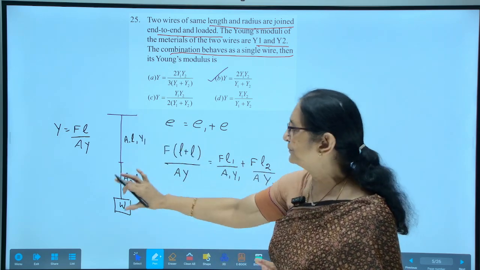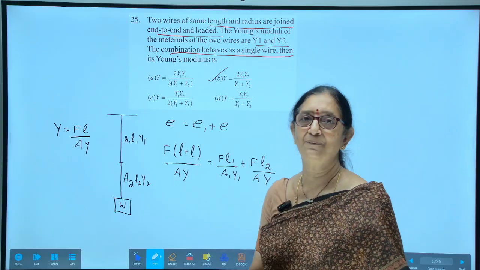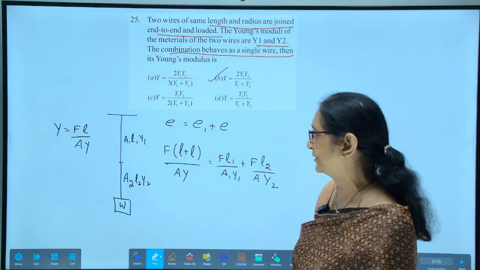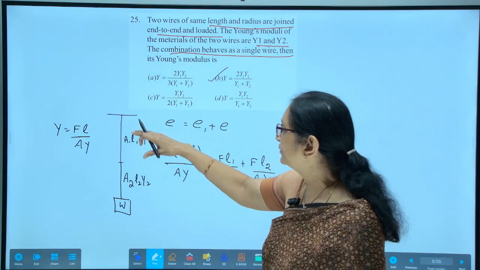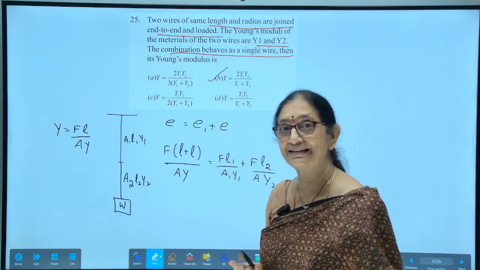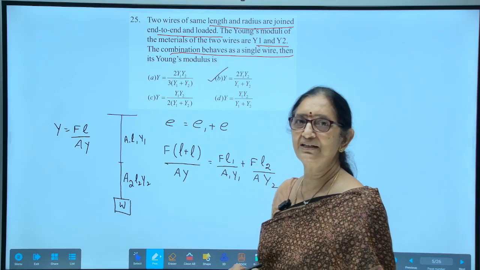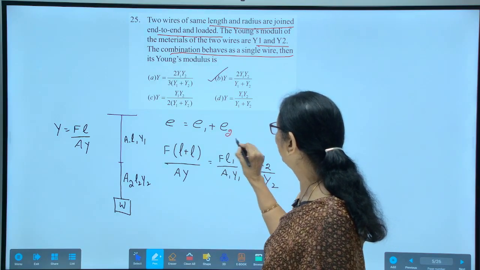So if this behaves like a single wire, what is the effective Young's modulus of the series combination? Just in the previous problem we have seen, when two wires are connected end to end, both of them experience the same load, and the net extension produced will be E1 plus E2.